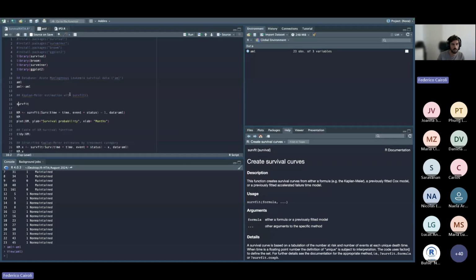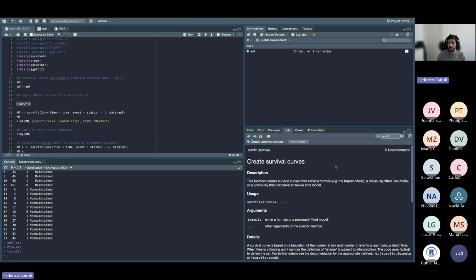And we can look for some help. We can do it in 2 ways. One is the same that I think Hosh already showed, using this specific code, or also we can go to help here, and just put the name of the function. In this case, survfit.